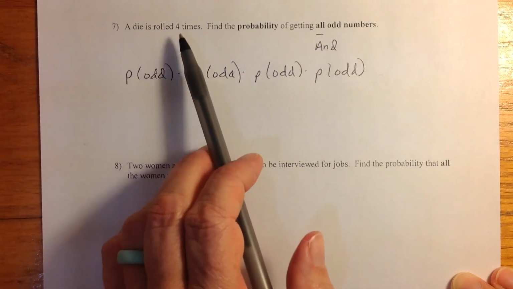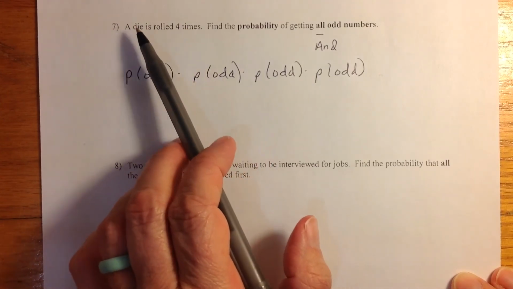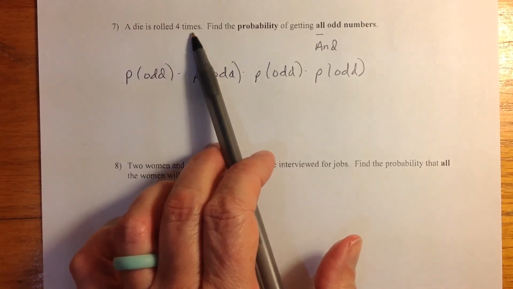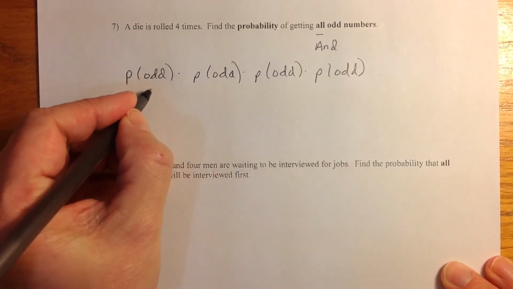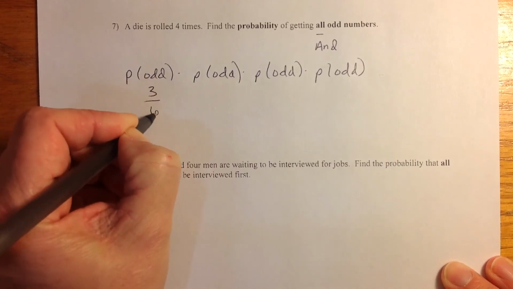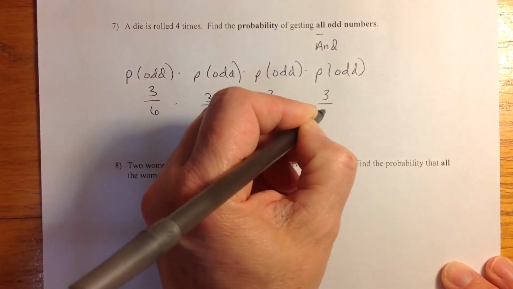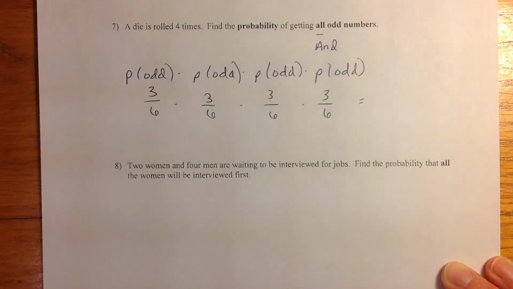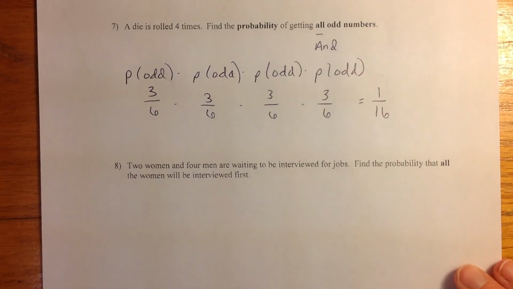Well, each roll is separate, so you always have 6 numbers on the die when you roll. So the denominator for all of these is 6. How many are odd? 3. So 3/6, 3/6, 3/6, 3/6. You could have also said 1/2 across all of there, and you get 1/16.